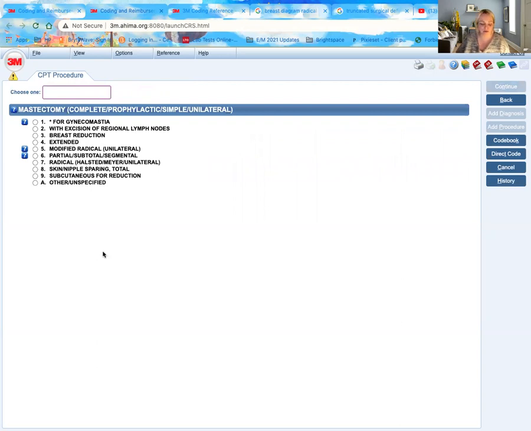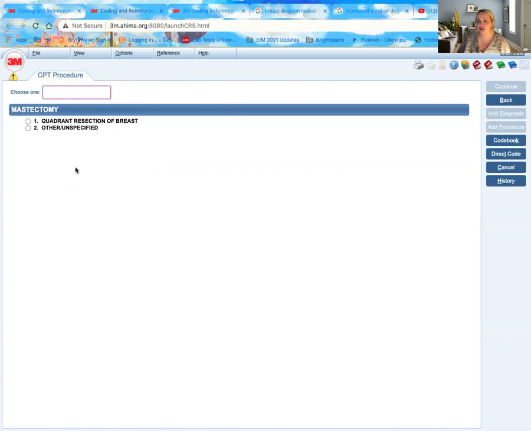This is of the left breast, which is not going to fall under the definition of an excisional regional lymph nodes, modified radical, extended. None of these details are listed. However, a skin and nipple sparing total might be accurate. I want to go under other or unspecified. This is not a quadrant resection of the breast. So we're not taking just a part of the breast. We took the entire breast.